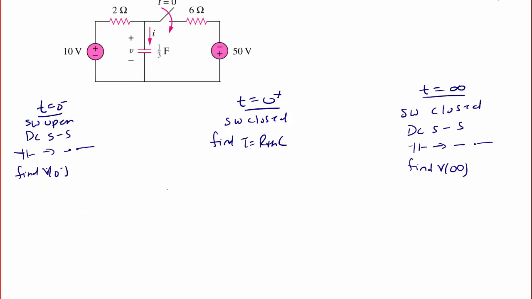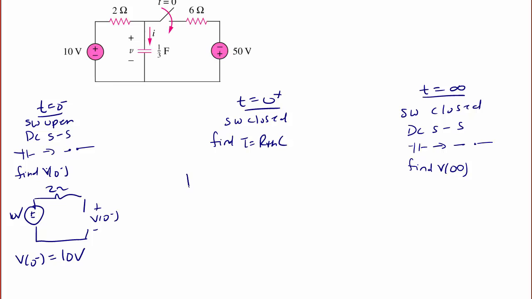Okay, so our first circuit, I'm only going to draw the part of the circuit that is relevant to the capacitor. So I have a 10-volt source in series with a 2 ohm resistor. And then I have a break for the capacitor, and that's V of 0 minus. So since there's no current flowing through the 2 ohm resistor, V of 0 minus is 10 volts.